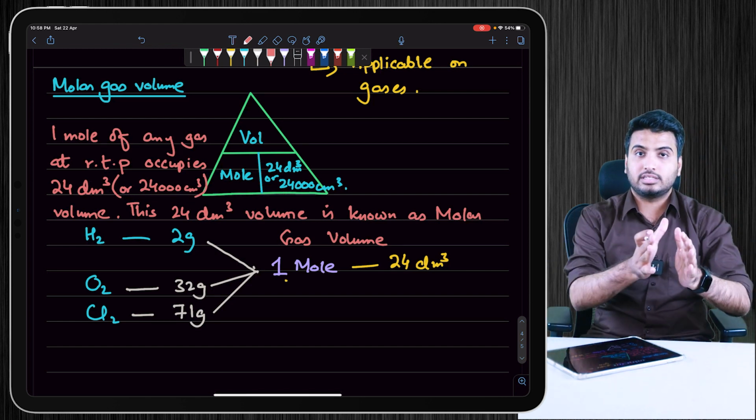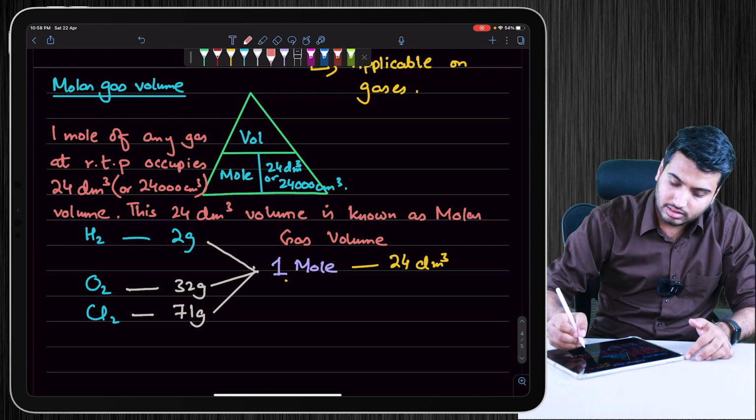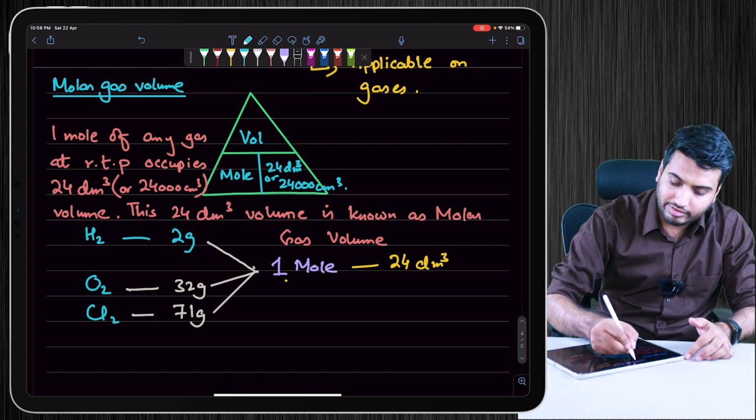So what is meant by room temperature and pressure? The abbreviation is RTP. You need to learn the values.